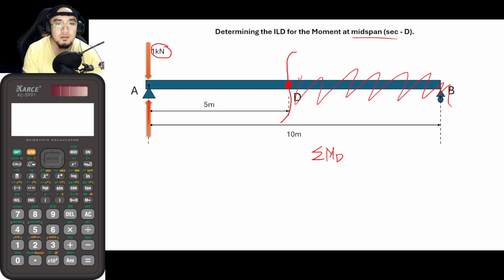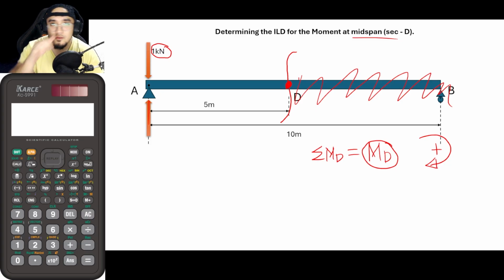And then whatever the summation of moment at D is, that is basically the moment at D already. So this is what we would be solving for. Okay, so for our sign convention for our video lecture right now, clockwise, positive. Take note that the sign convention might differ depending upon your source.